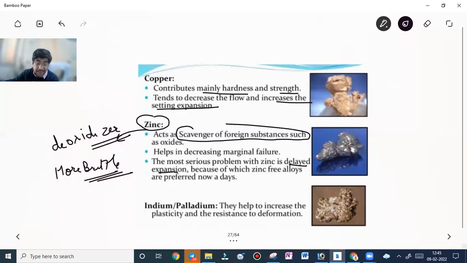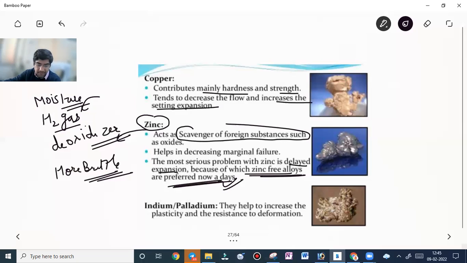This expansion is associated with the development of hydrogen gas that causes incorporation of moisture in the plastic mass. So that is why we prefer zinc free alloys nowadays.